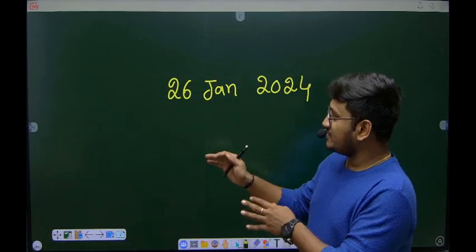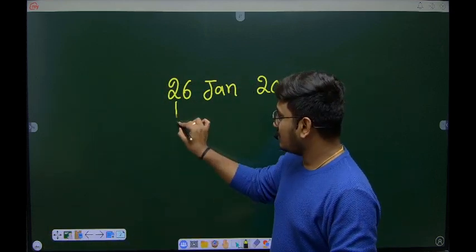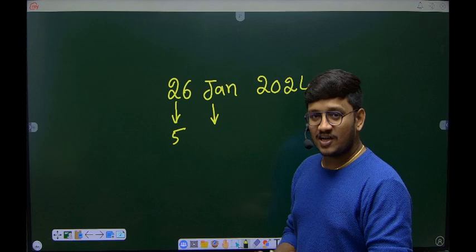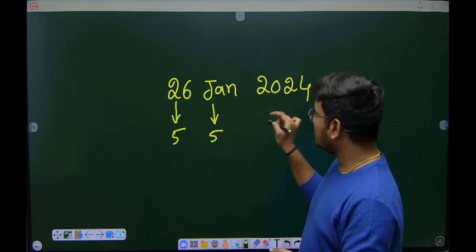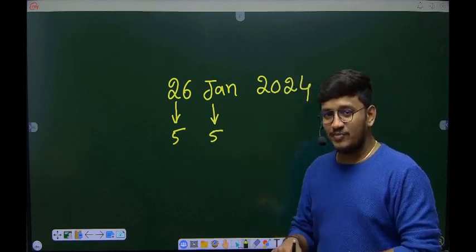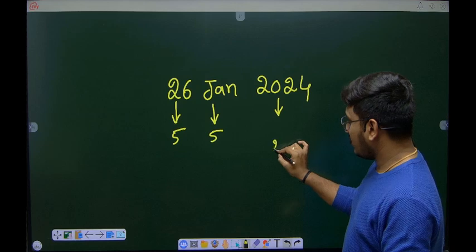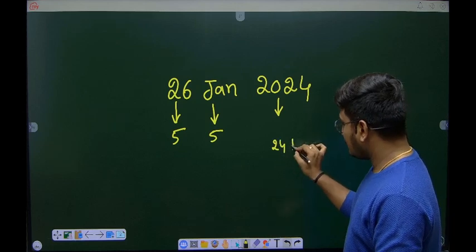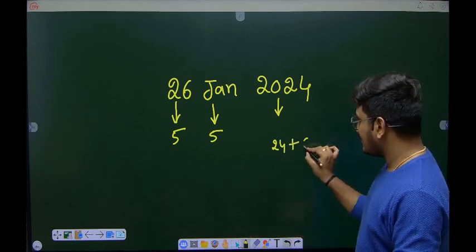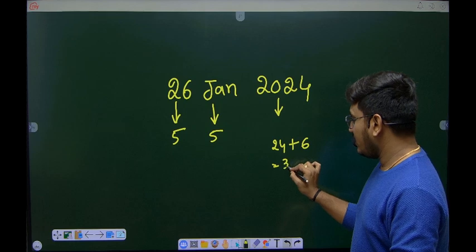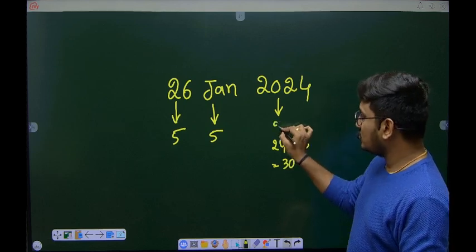Let me calculate it for you. Here we have 5 odd days. How many odd days are there in January? It is only 5 because 2024 is a leap year. So 24 years, 24 odd days, plus 6 leap years, so the total will be 30. 30 means 2.